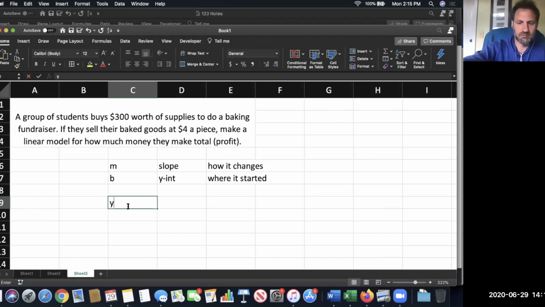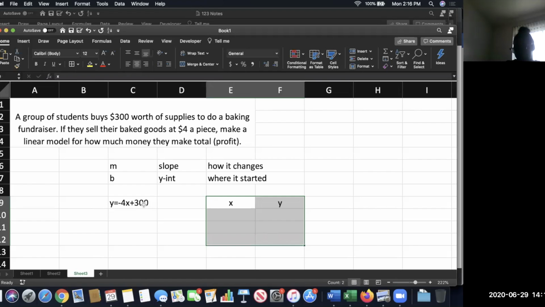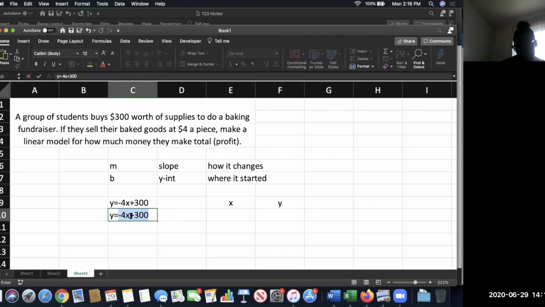Okay, it was a little bit broken up, but I heard 300 was the y-intercept. Here's the equation that Darian proposed in the chat, which may or may not be what you came up with. What do you guys think about that as an equation? Does that sound pretty good? Let's use our little XY table as a way to check. I did it different. I'm not sure if it's right. Yeah, what did you do? I did y equals 4x plus negative 300 or minus 300.